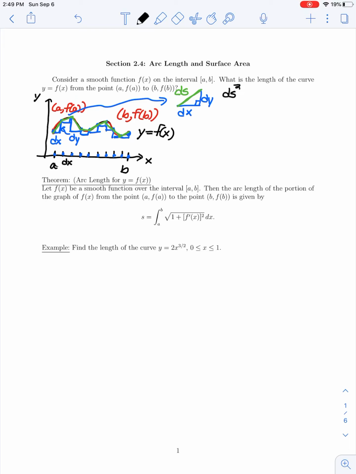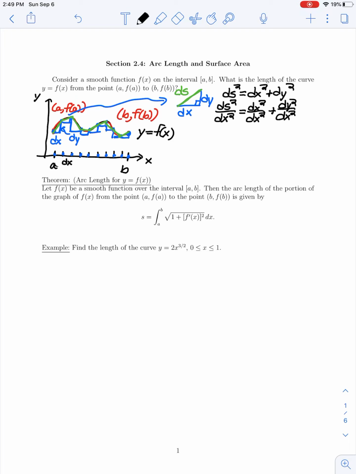ds squared would be the sum of dx squared and dy squared. Or if I divide both sides of this equation by dx squared, I would have ds squared over dx squared is equal to dx squared over dx squared plus dy squared over dx squared.